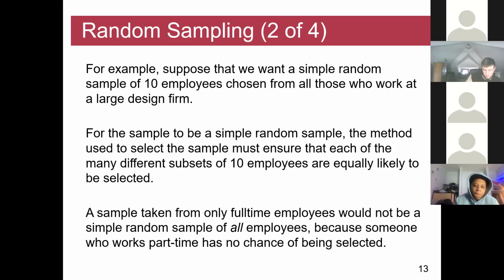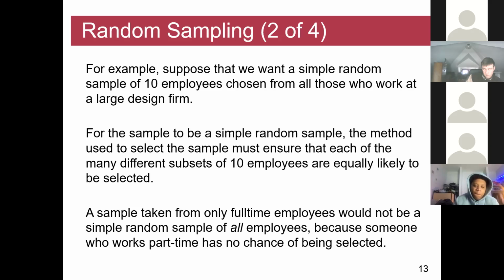Now, it is possible that if most people in the firm are full-time and there are only a few part-time, if you do a simple random sample, you may end up getting a sample which has only full-time employees, but that's just by accident. It's not intentional. If we only sample from full-time employees, then that's not a simple random sample of all the employees.